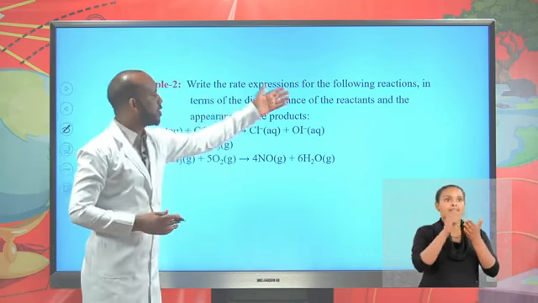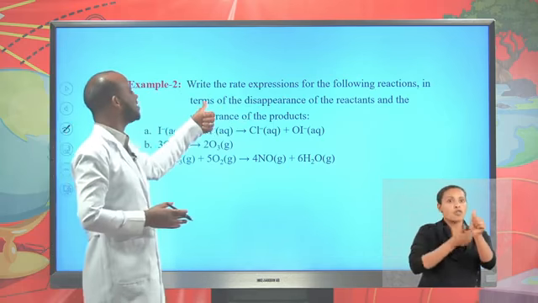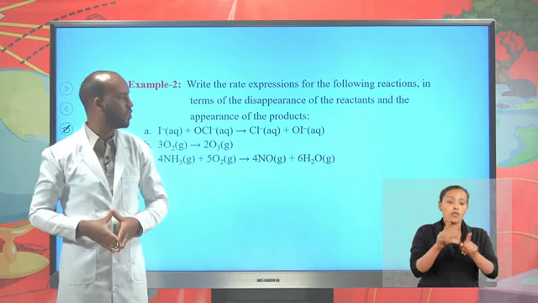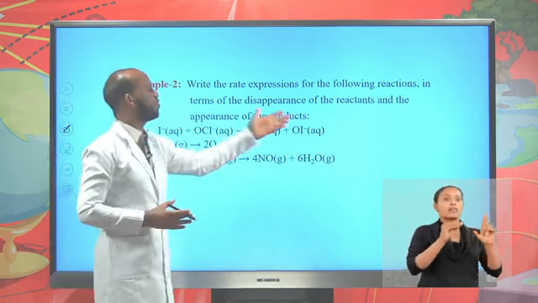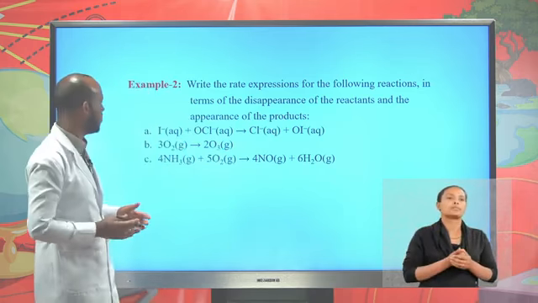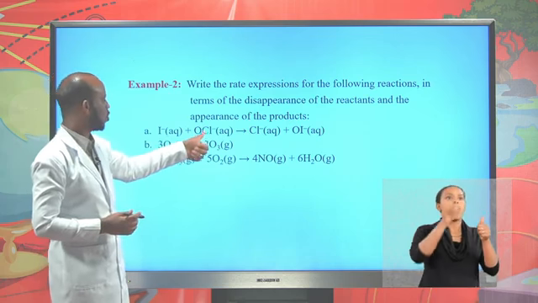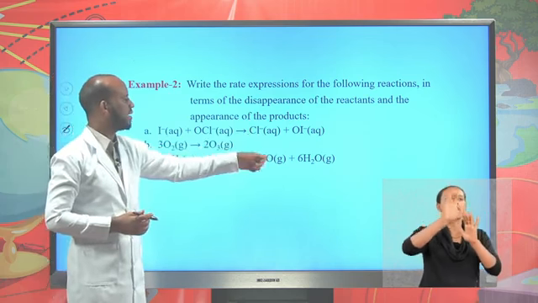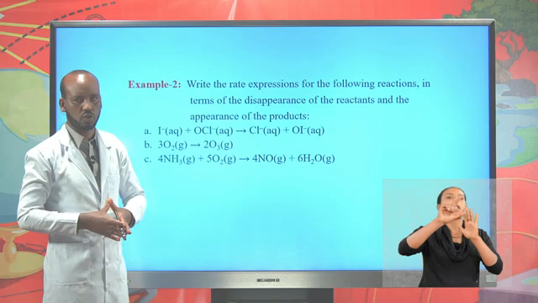Example 2. Write the rate expressions for the following reactions in terms of disappearance of the reactants and the appearance of the products. A, I minus plus OCl minus gives Cl minus plus OI minus.